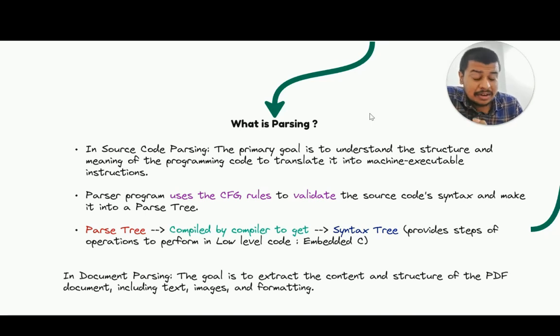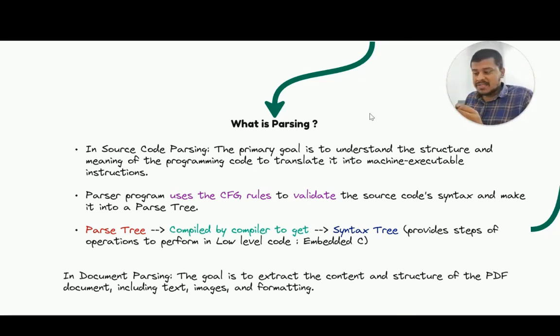So here is where the context-free grammar comes into play. It becomes a set of rules which the parser program uses to validate the strings that are there in the source code. So indirectly, it is validating even the source code or the coding itself. And then this source code is made into a parse tree.